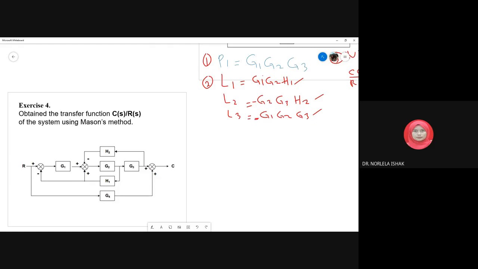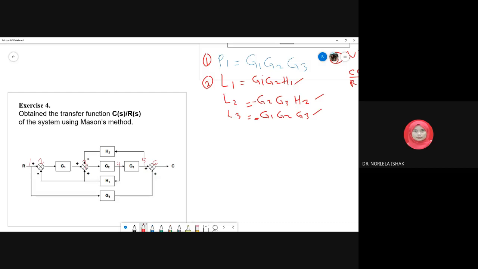How many nodes do we have here? 1, 2, 3, 4, 5, 6. Nodes 5 and 6 cannot be combined.